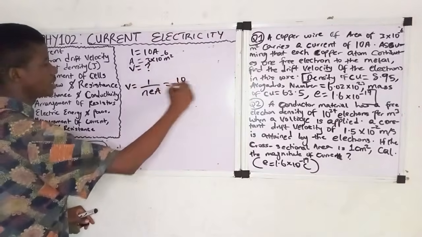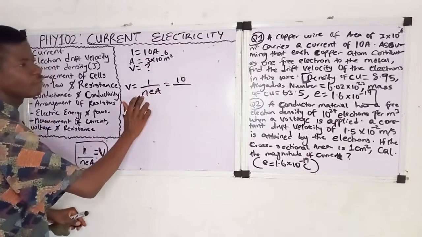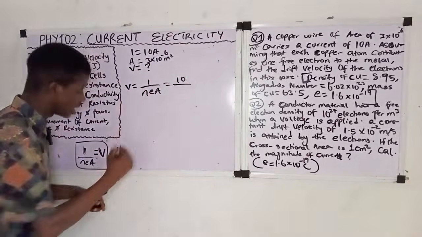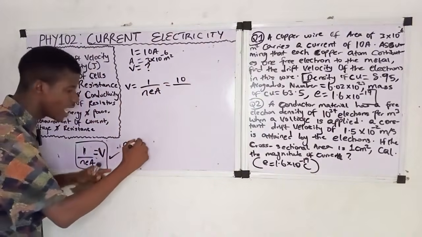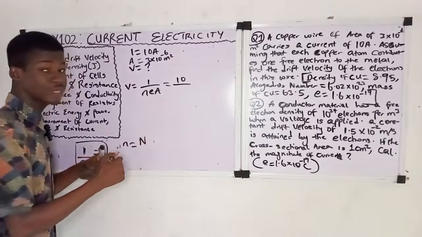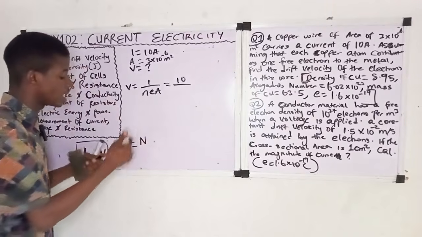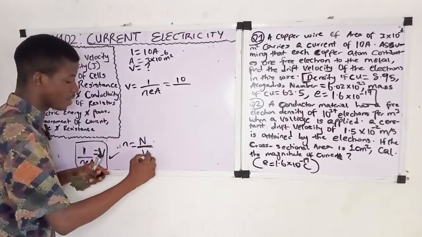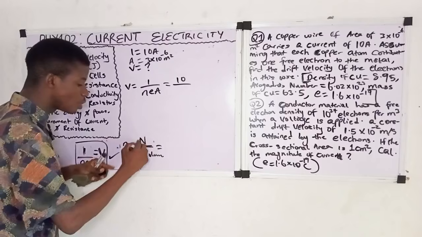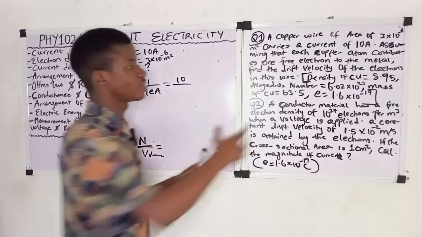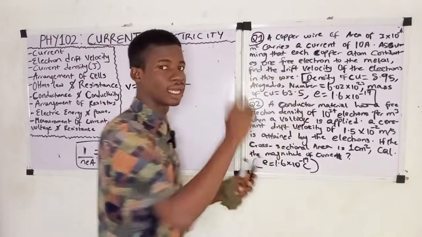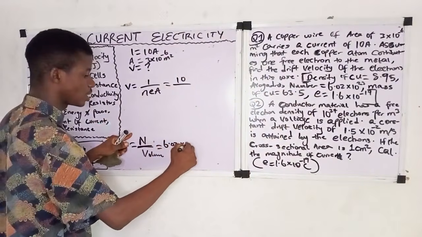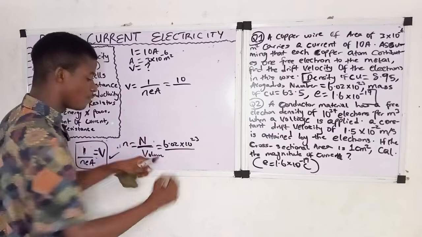Current is 10 ampere. Did they give us n? Yes, they gave us n indirectly. Now, what is n generally? n is the electron density, which is the number of free electrons divided by volume. The number of free electrons is still Avogadro's number, 6.02 times 10 to the power 23, divided by volume.